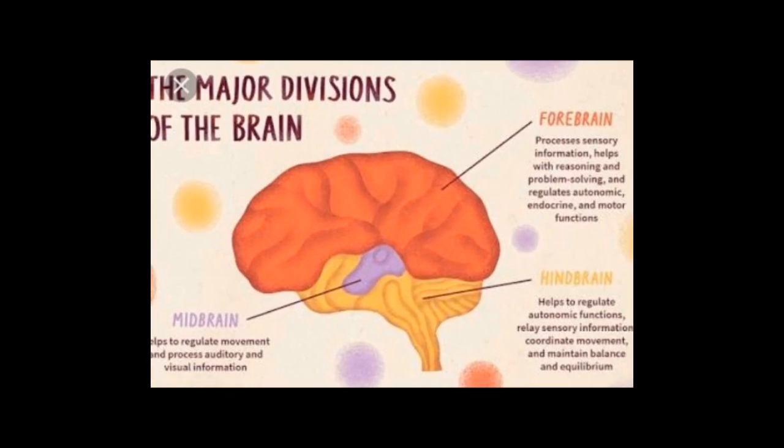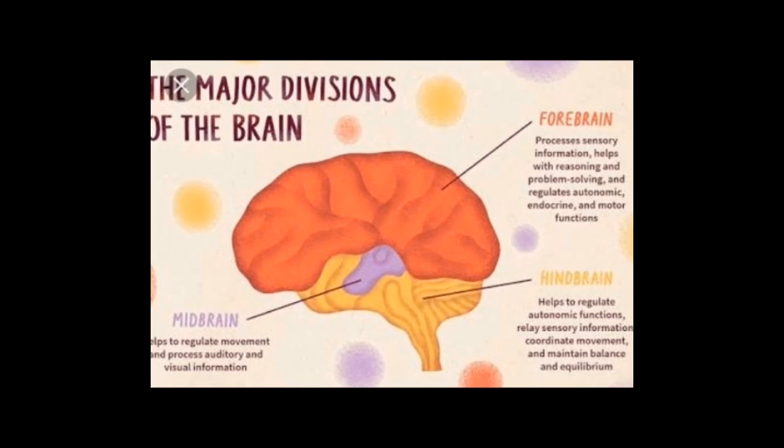Now here it shows the three main divisions of your brain: forebrain, midbrain, and hindbrain. The forebrain mainly processes sensory information, helps in reasoning and problem solving, and regulates autonomic, endocrine and motor functioning of your body. Then comes your midbrain.